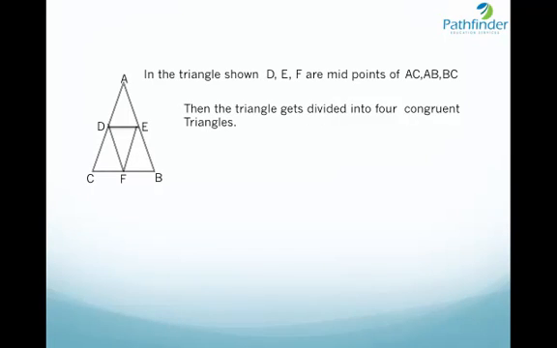Congruent means they are equal to one another. And therefore, the area of each of these congruent triangles, that is area of ADE, must be equal to area of DEF, must be equal to area of DCF, must be equal to area of FEB, which is equal to 1/4 the area of ABC. So this result is nothing but an outcome of the midpoint theorem only.